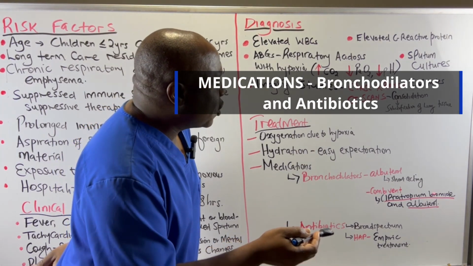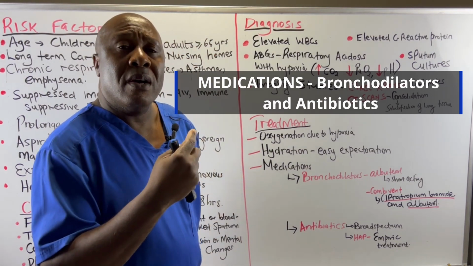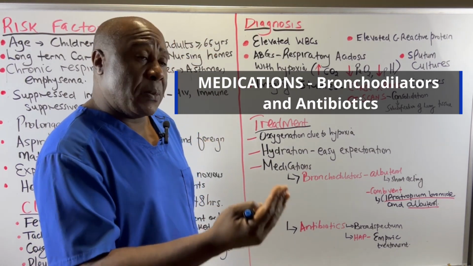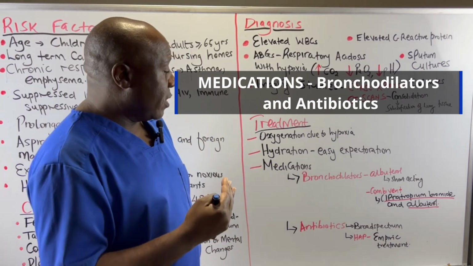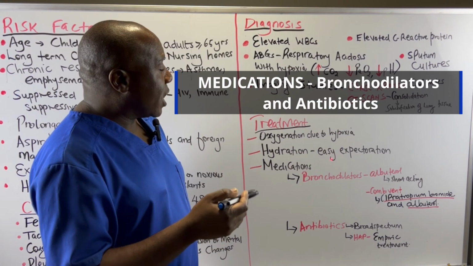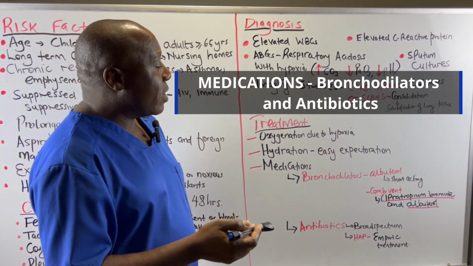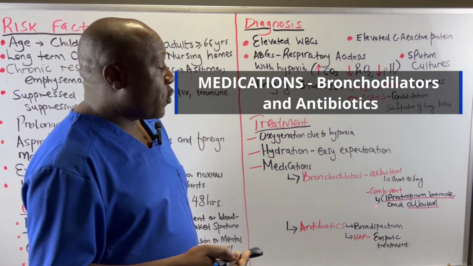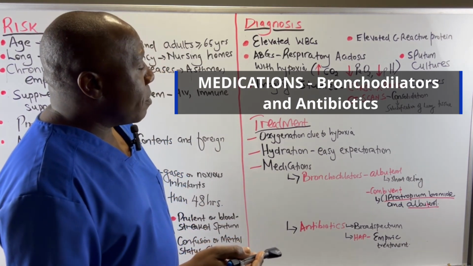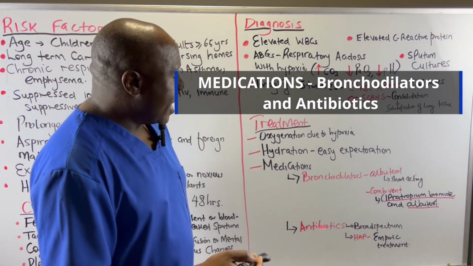So these medications can be used to dilate the respiratory airway so that these patients can take in oxygen, or to help them get in as much oxygen as possible. So you can treat this by bronchodilators like albuterol or Combivent, which I've said is a combination of two drugs, ipratropium bromide and albuterol. Or we can treat these patients with antibiotics.